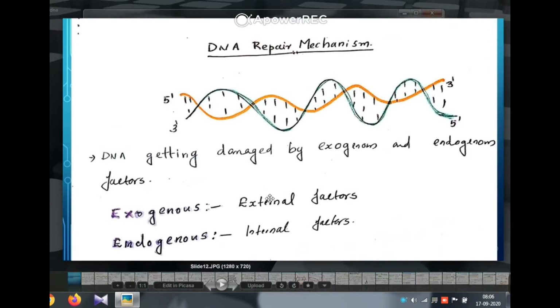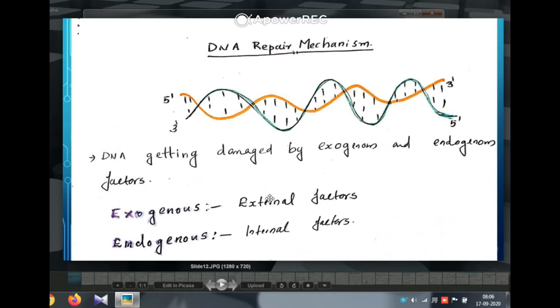What is photoreactivation? You can see in this picture the double stranded DNA getting damaged exogenously and endogenously. We discussed the methods of DNA damage in our previous video: exogenous means external factors, and endogenous means internal factors.